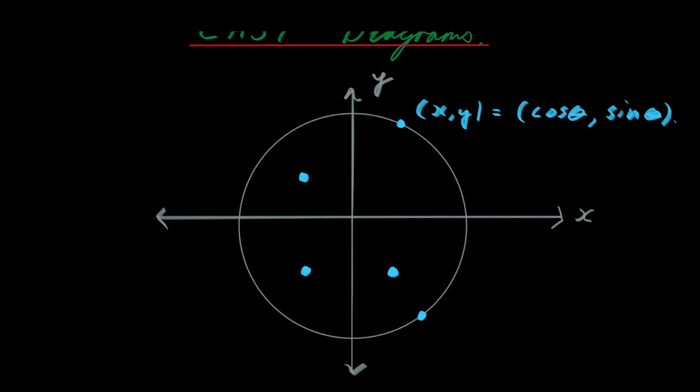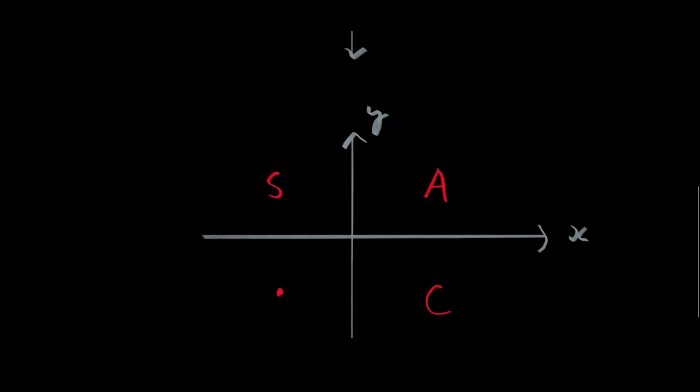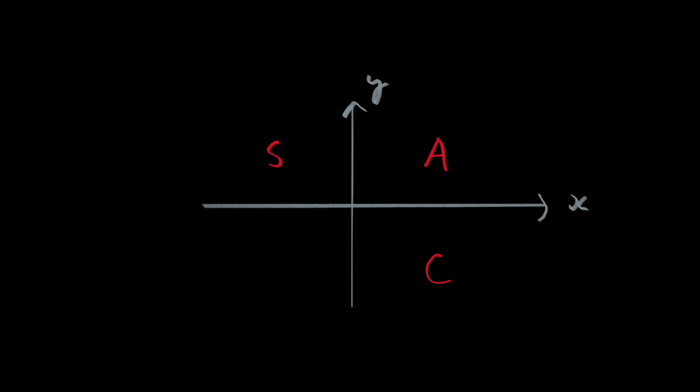So cosine, which is just x, will be negative, and sine, which is just y, will also be negative, but tan will be sine divided by cos, which will be something negative divided by something negative, which will become positive. So tan of theta in this quadrant is going to be positive. Cast. So we write a T in this quadrant to say that tan of theta is the only positive trigonometric function of those three in this quadrant.